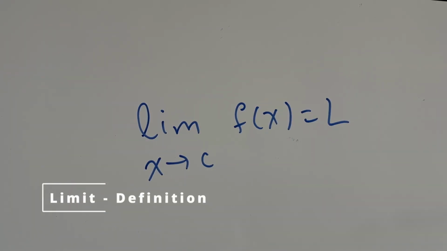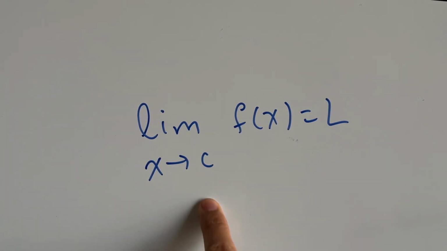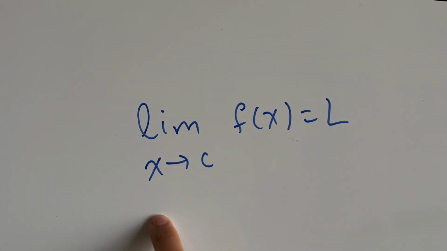We say that the limit of the function f of x when x tends to c is L if, whenever I fix some values around L, I would be able to find corresponding values near to c such that f of x will be close to those values.